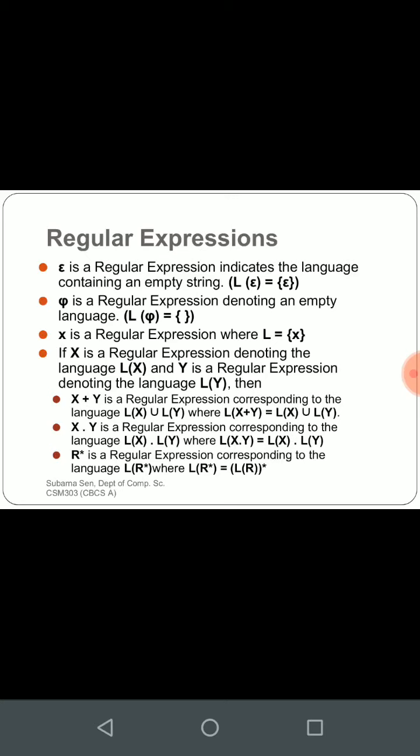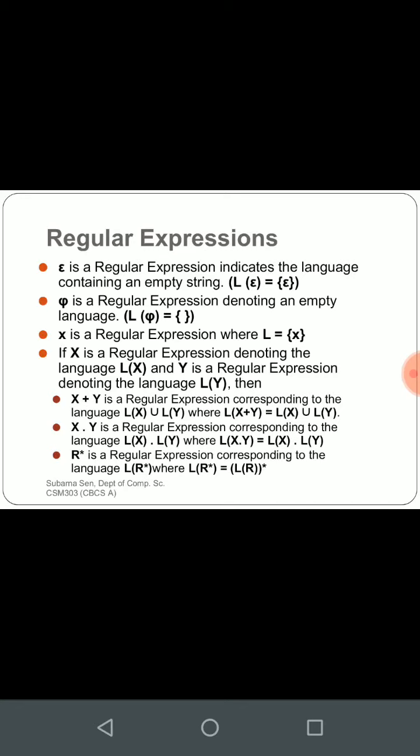If we add two regular expressions X and Y, then expressing X as L of X, the language it generates, and Y as L of Y, the addition of those two regular expressions is equivalent to the union of the two regular languages. Adding regular expressions generates the union of the two individual regular languages.